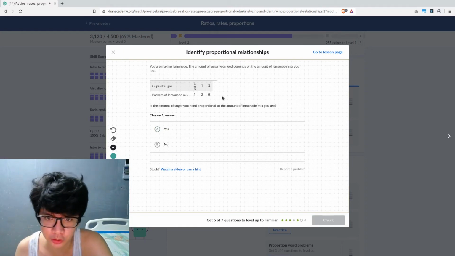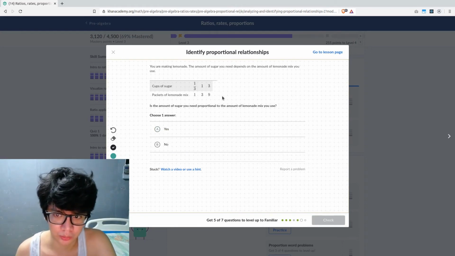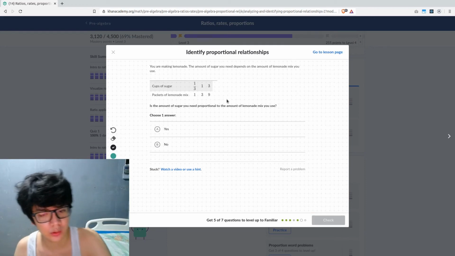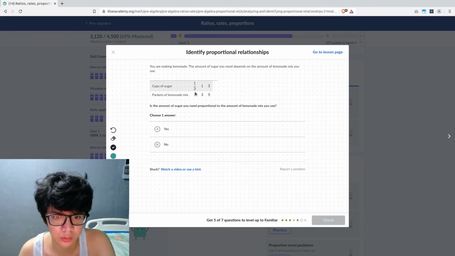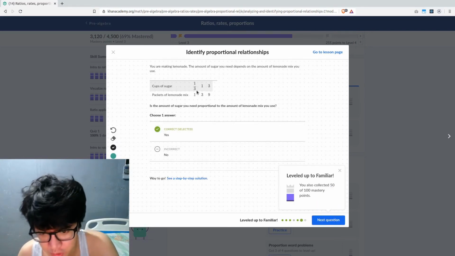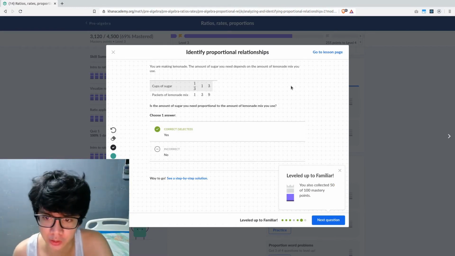The amount of sugar in it depends on the amount of lemonade mix you use. Okay, let's see. I would say yes. Instinctively it does, but let's calculate it anyway.